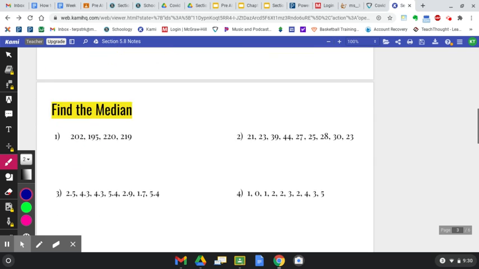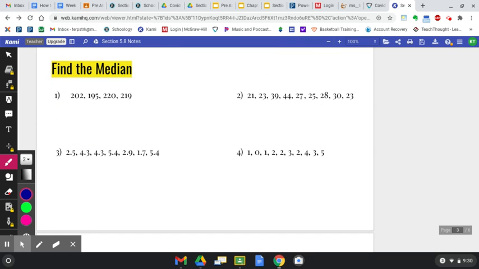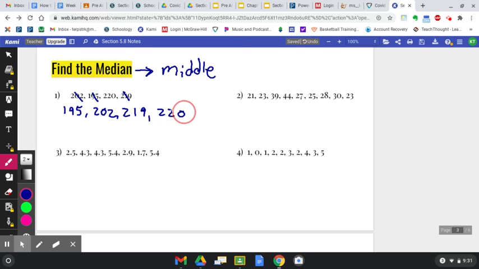All right, so let's move on to finding the median, which, remember, we said is the middle. So the first thing I want to do is order them from smallest to largest. Then comes 202, then comes 219, and then comes 220.